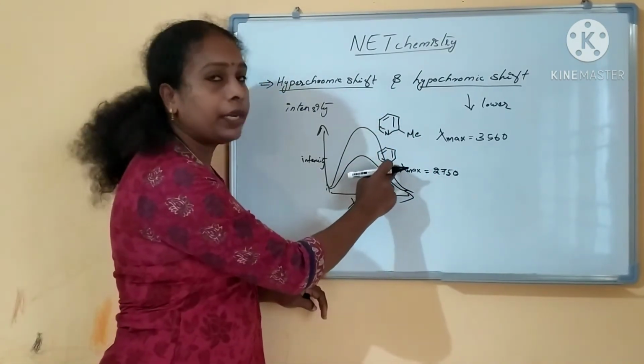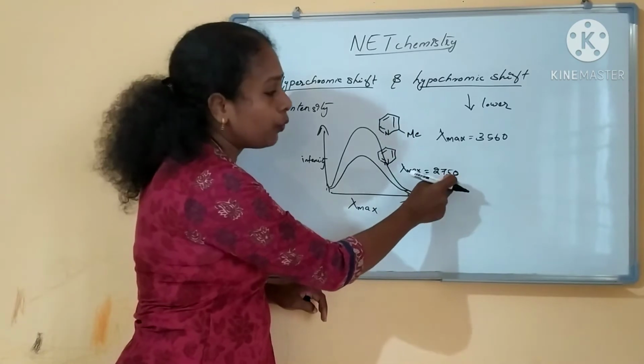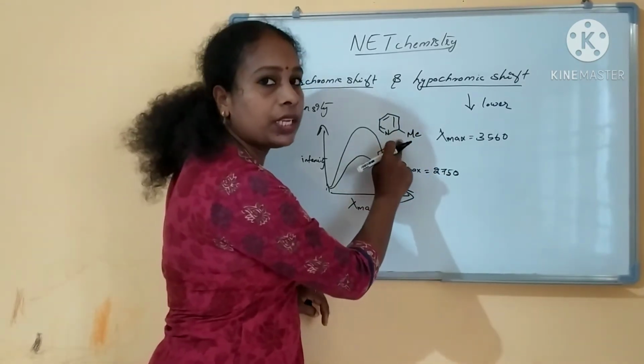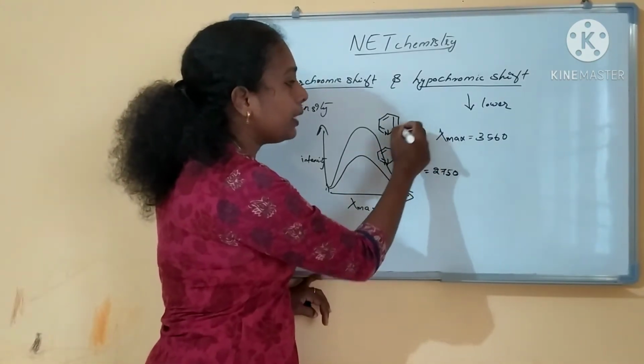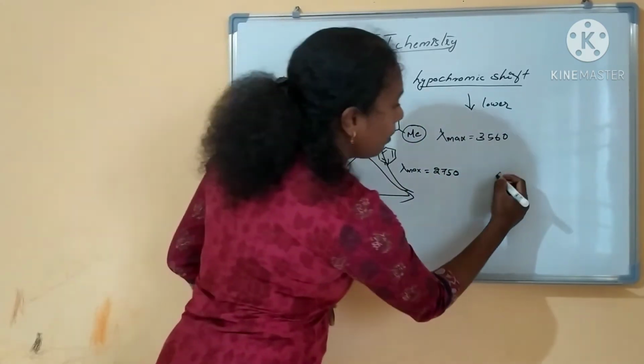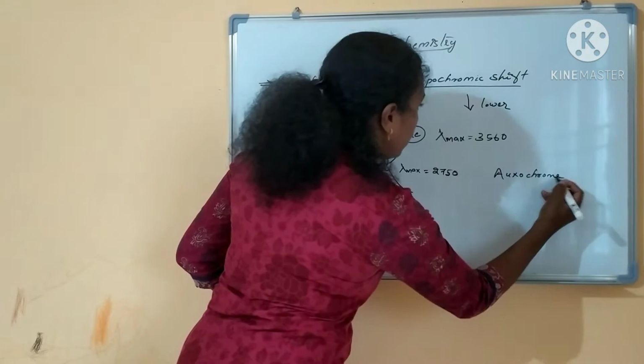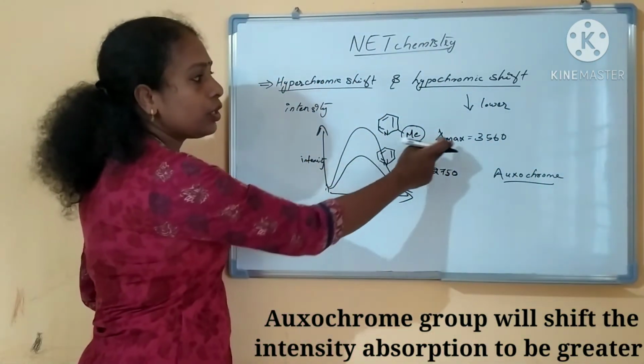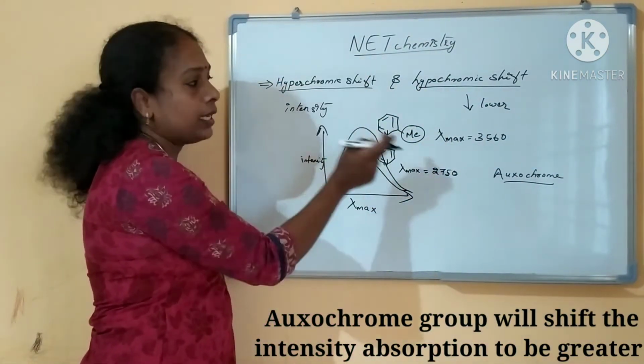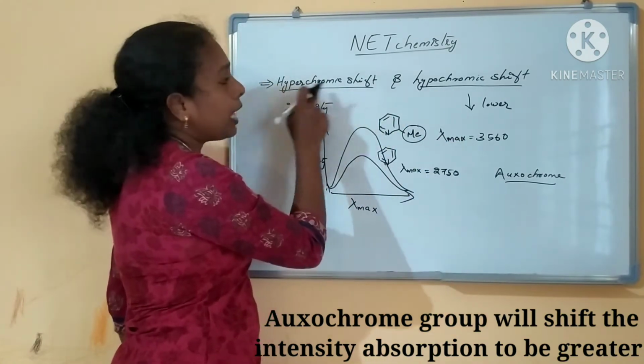Pyridine has a lambda max value of 2750. In 2-methyl pyridine, a methyl group has substituted here. We will call that an auxochrome. One auxochrome has substituted. Then what will happen? The intensity of absorption has increased. That is what we call hyperchromic shift.